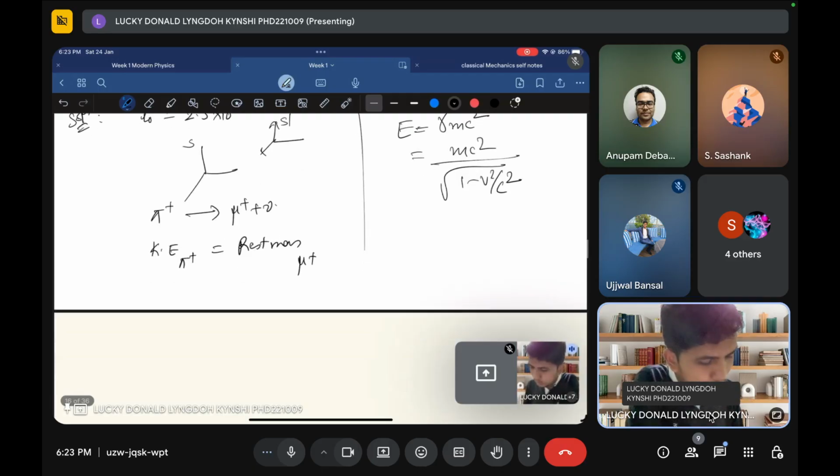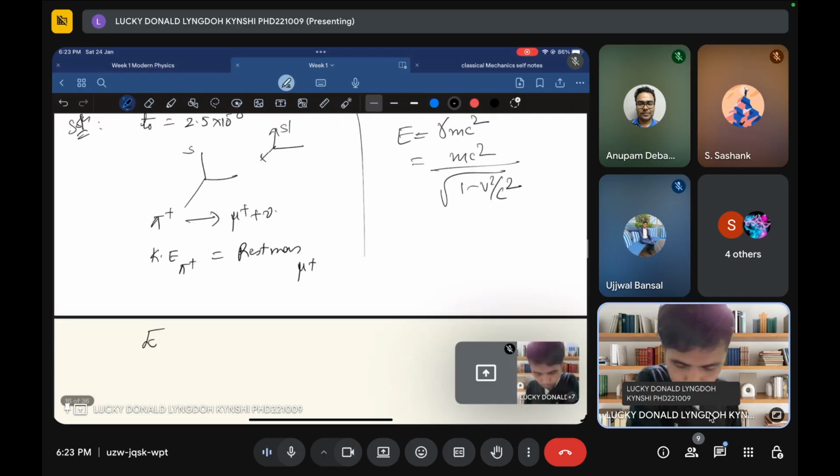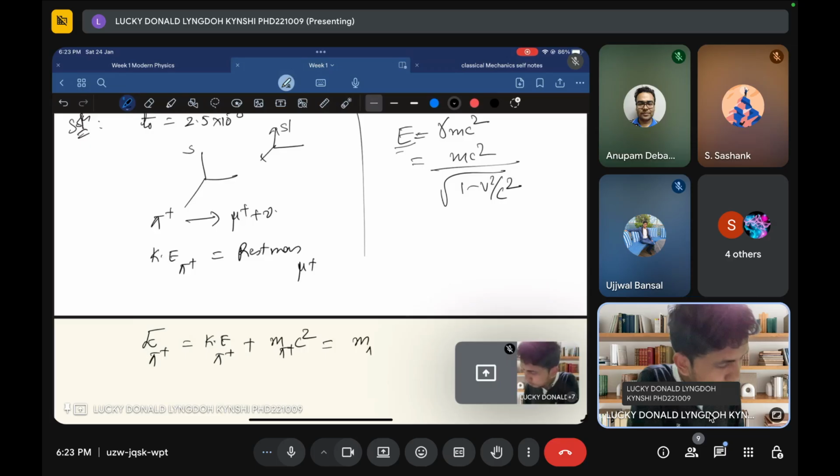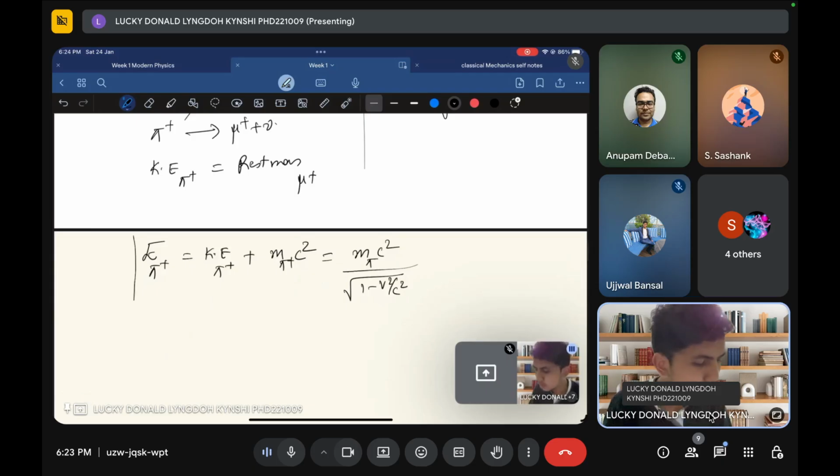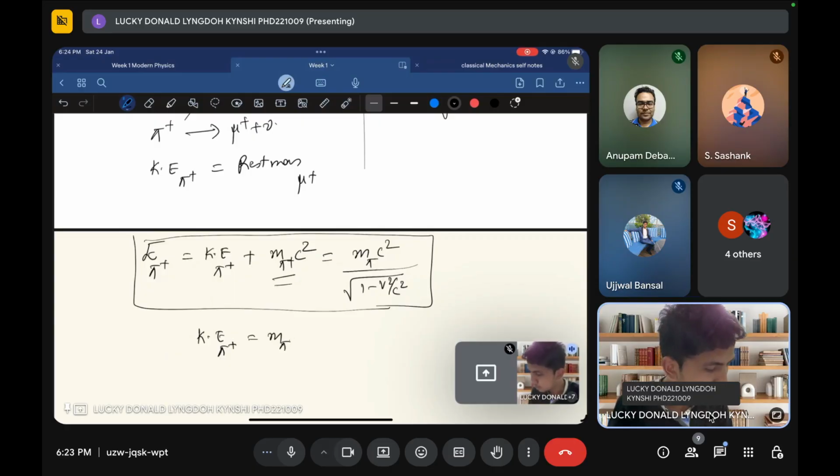The total energy E of the pion will be equal to the kinetic energy plus the rest mass energy, m pi c square, which is equal to m pi c square divided by root over of 1 minus v square by c square. But it is also given that the kinetic energy of the pion is equal to the rest mass energy, m pi c square.